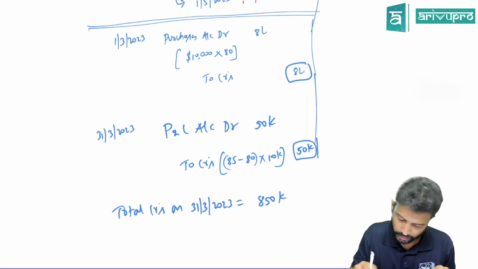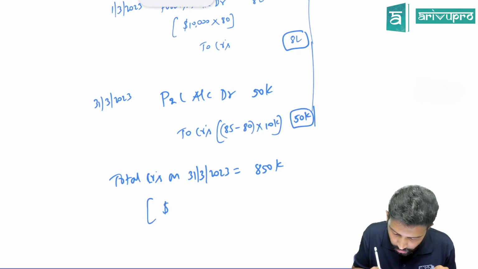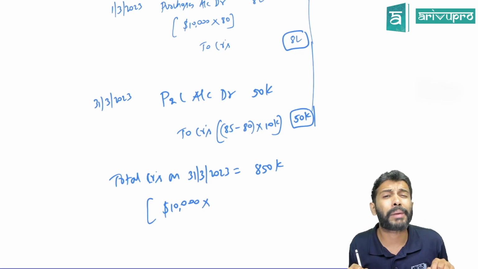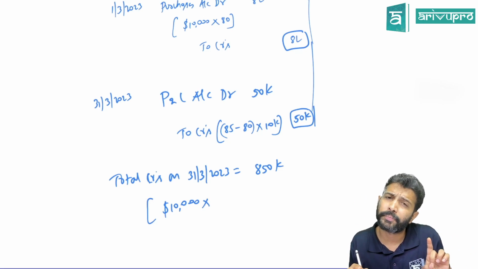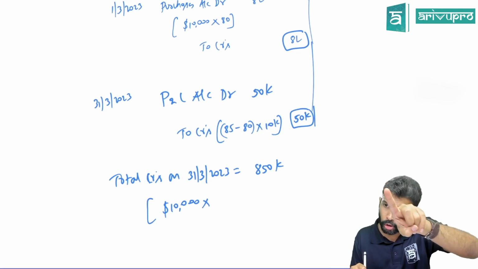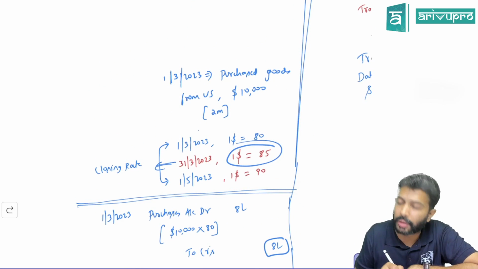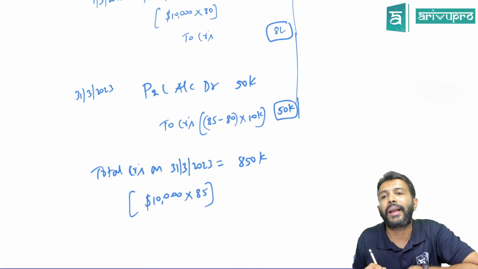Correct, sir? Now check. Is creditor a monetary item? Yes. What is the dollar value of that creditor? 10,000. A monetary item should appear in the balance sheet at what rate? Closing rate. Closing rate means the day you close the books. When are you closing the books here? 31st March. On 31st March, $1 was how much? 85. Multiply 10,000 into 85 is how much? 8,50,000.